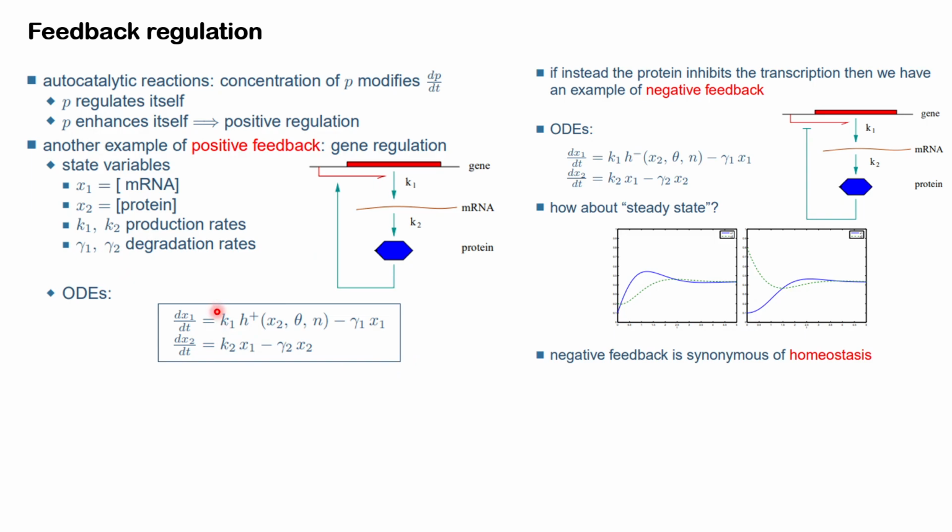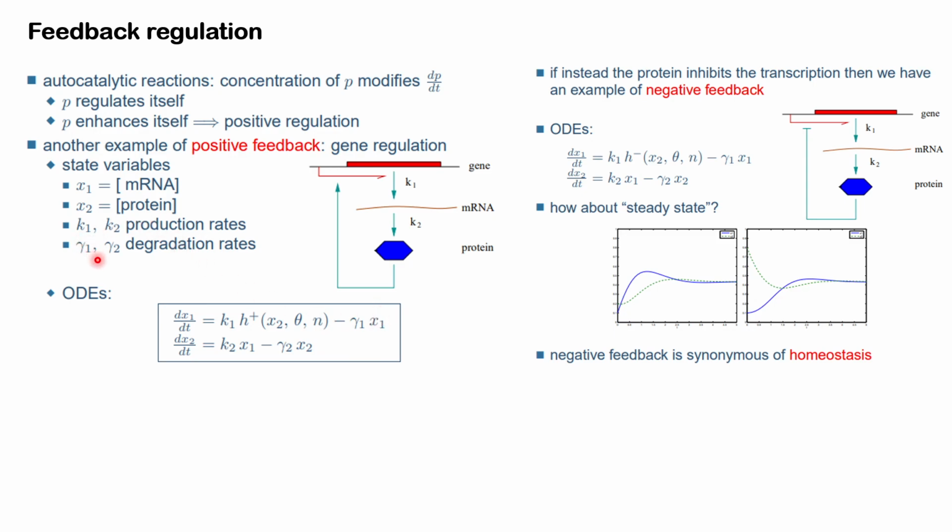Now if you assume the rate of change of x1, the rate of change of mRNA, and the rate of change of protein, this will follow a Hill function from gene to mRNA with the parameters x2, theta, and n, and it'll also have a degradation factor of gamma 1 x1.